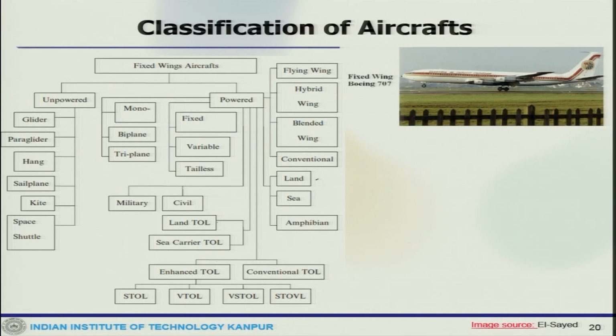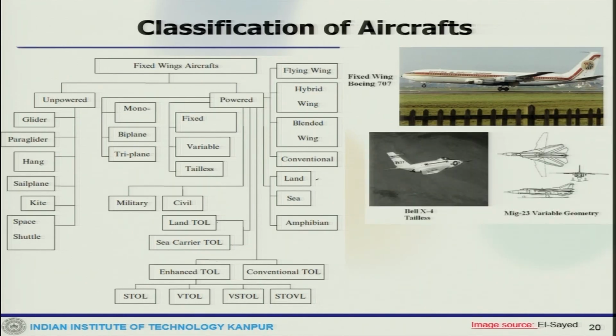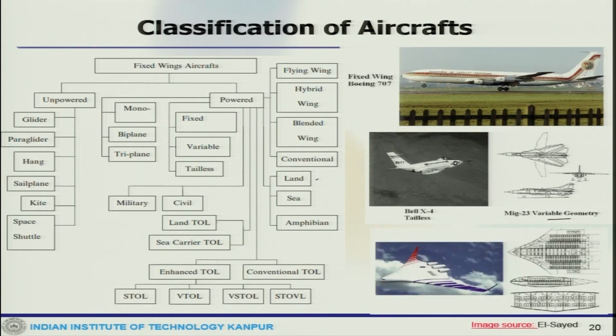So, you can see these are the tailless Bell X-4 aircraft. This is MiG-23. This is one of the variable geometry military aircraft or fighter aircraft. Then you can have, this is a blended wing body.